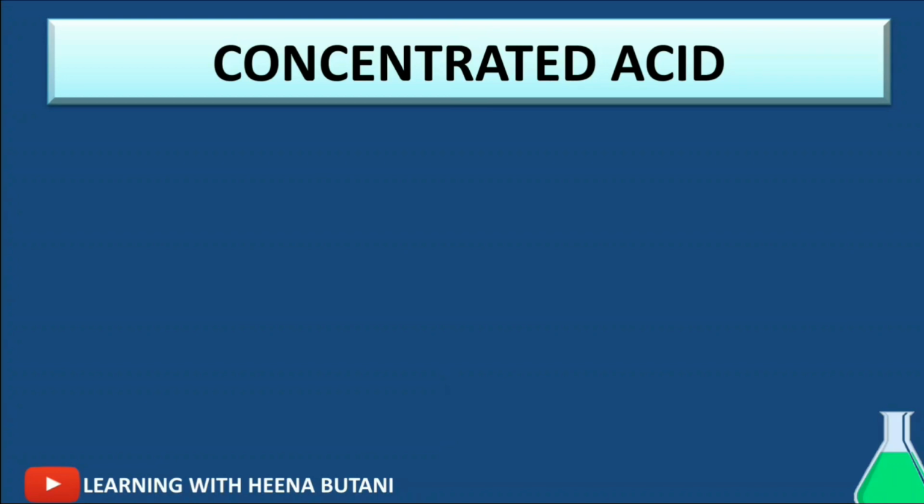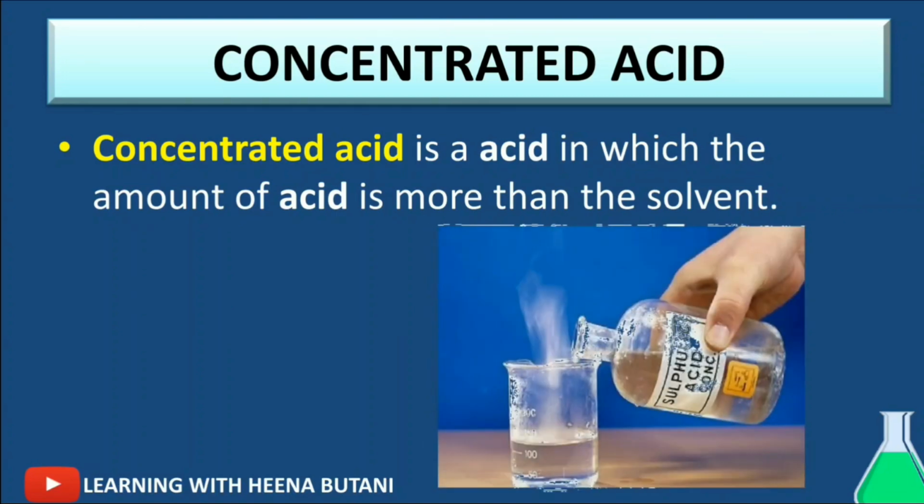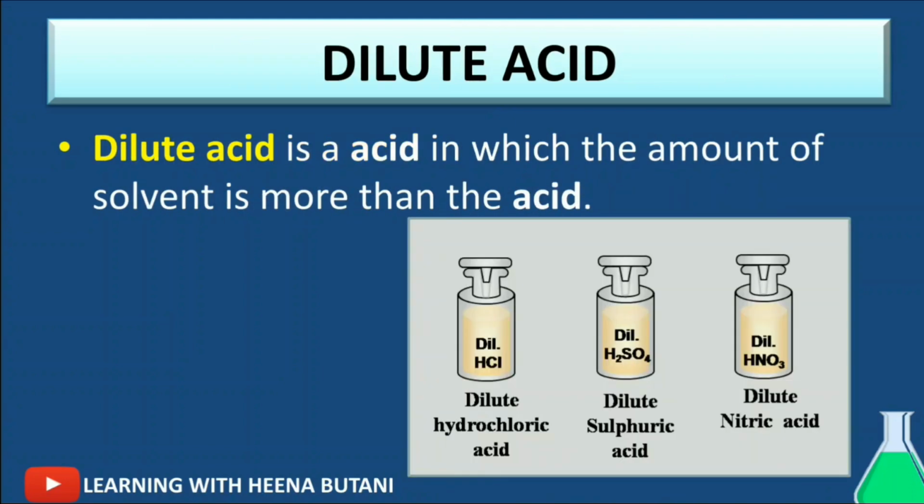What is a concentrated acid? Concentrated acid is acid in which the amount of acid is more than solvent. Here solvent is water. In other words, we can say amount of water is less compared to the amount of acid. And example of concentrated acid is sulfuric acid.